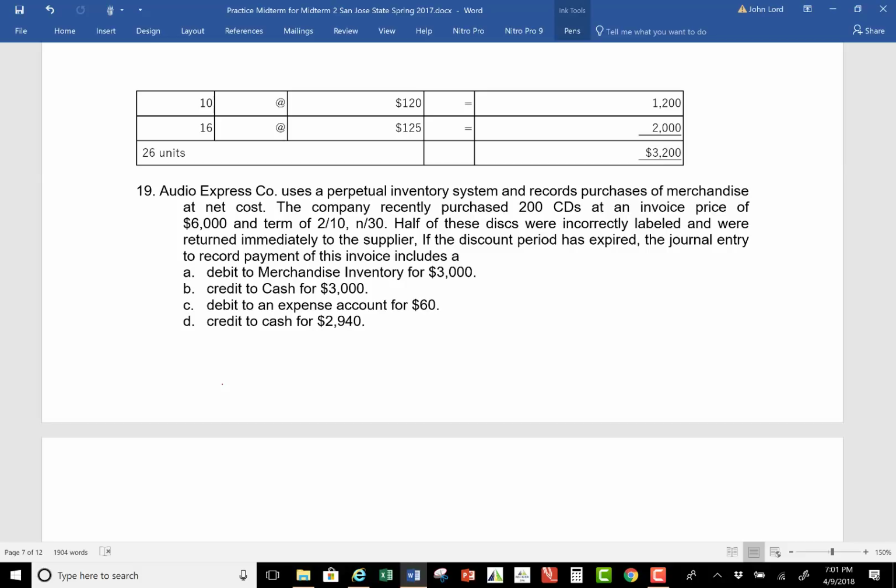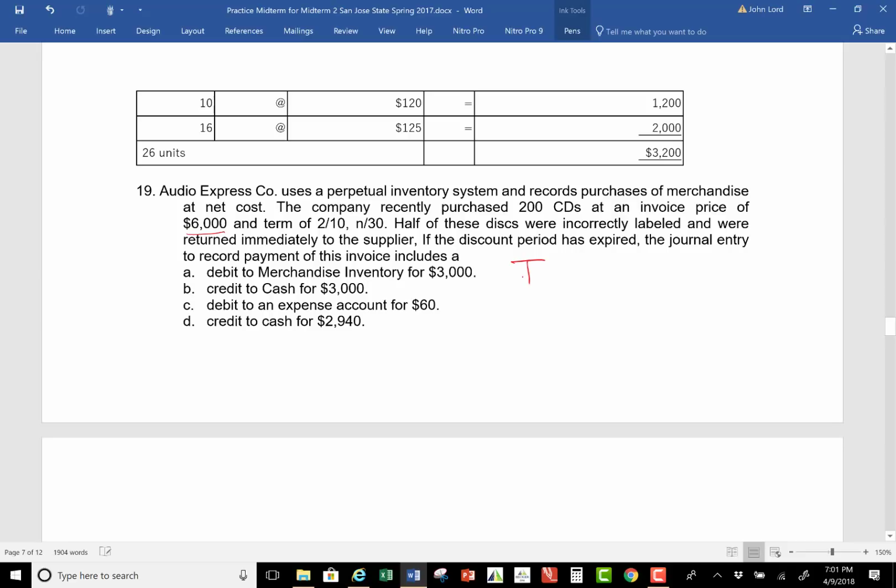Now, guys, when you get questions like this from Chapter 4 that have moving parts, with amounts being returned and discounts and all that, the fastest way to do it is the long way, to go through each one of these one at a time. So they purchased 200 CDs at an invoice price of $6,000, right?